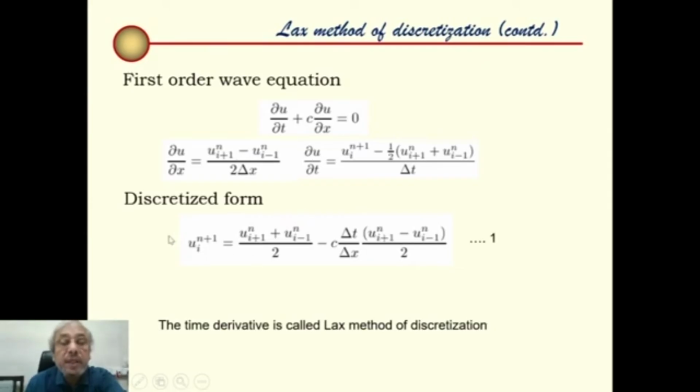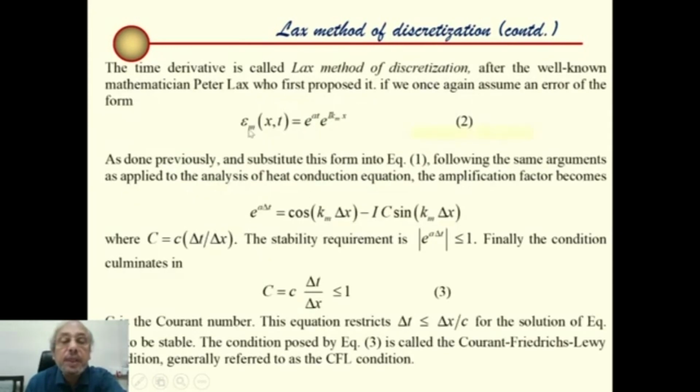If we subtract, we get an equation in error, and there we substitute the error quantity. Just the way we did it in the case of the parabolic equation, again we get an expression for e^{at}: cos(k_m Δx) − i C sin(k_m Δx).